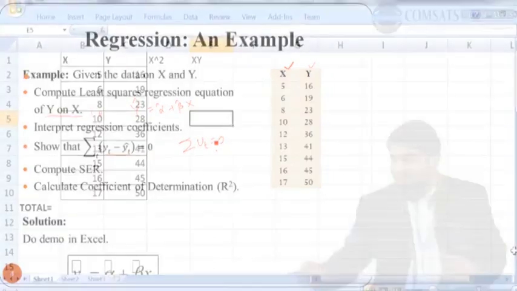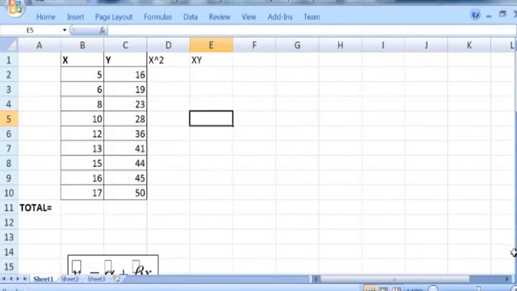So let's start. So here is Microsoft Excel spreadsheet. So we have data on x and y, where x takes on values starting from 5, then 6, 8, 10, 12, and then 17. Similarly we have values on variable y.